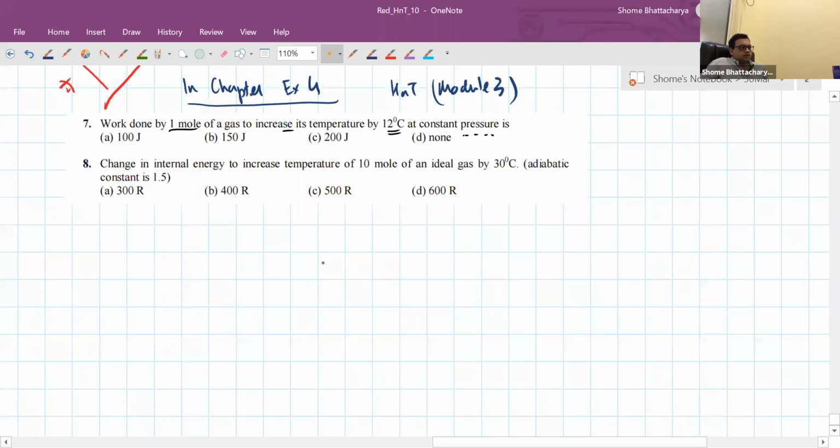So work done in an isobaric process is P delta V, which is nR delta T. So there should be 1 mole of the gas to increase its temperature by 12. So this should be close to 100, I think.